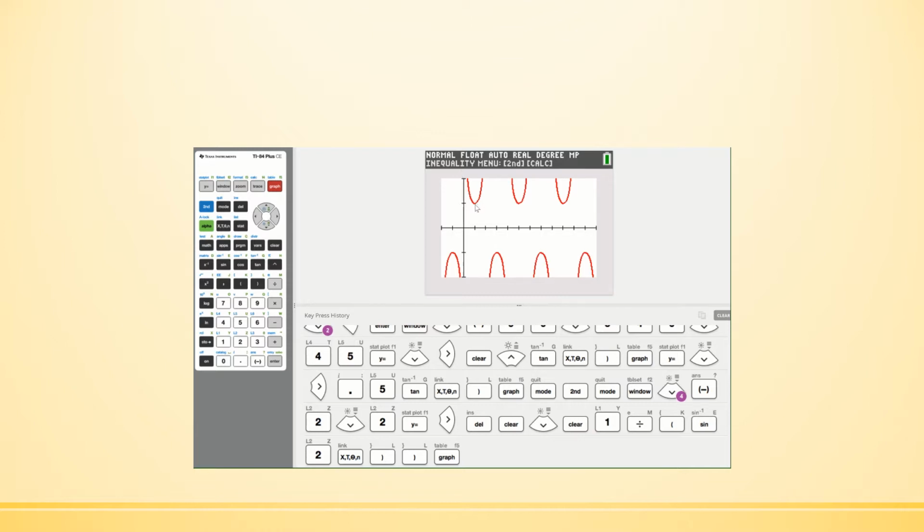If we go from one period to the next, let's go from here to here. The bottom of this is at 45. The bottom of this is at 180 plus 45, 225. 225 minus 45 is 180. Okay, so there's our period, 180. Same thing down here. And so there we go.